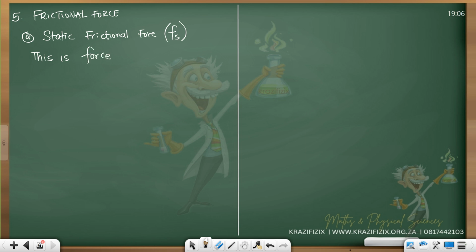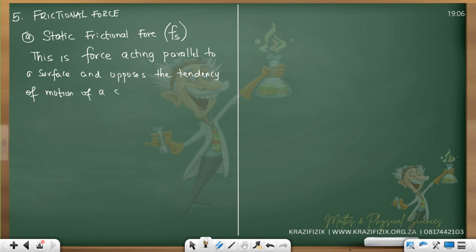Static frictional force. This is the force acting parallel to a surface, and it opposes the tendency of motion of a stationary object. The object is not moving relative to the surface.